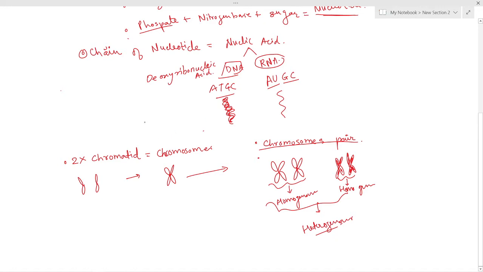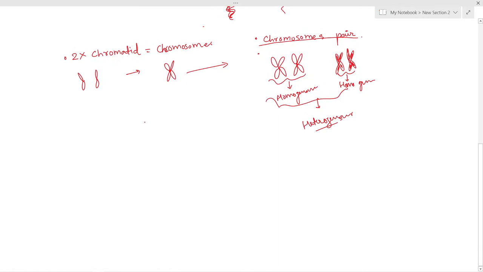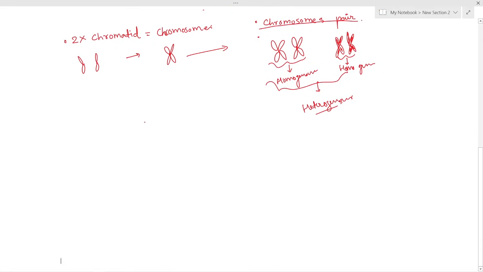We'll only briefly discuss this topic as hardly any question would come from this particular section, but it is in our syllabus and we should have a basic understanding of the topics mentioned in the syllabus. So maximum condensed DNA we will find here, in the chromatid.